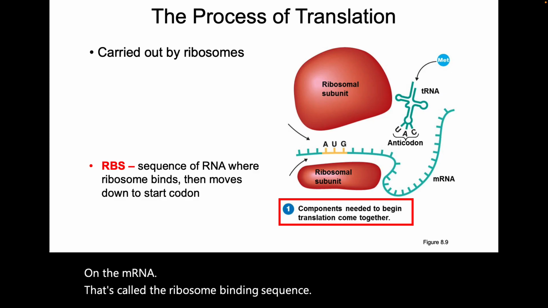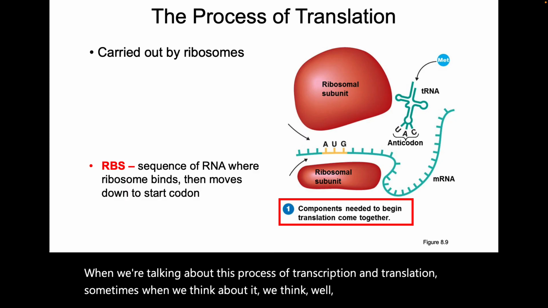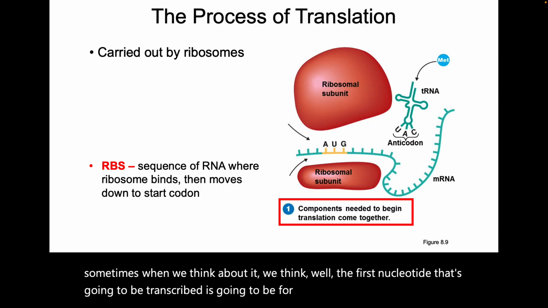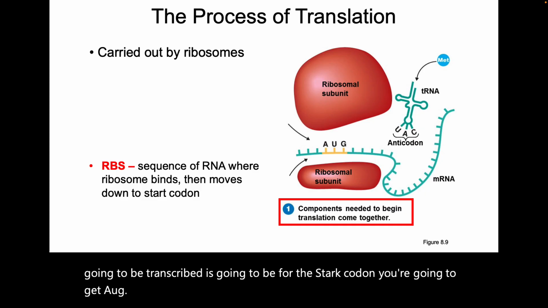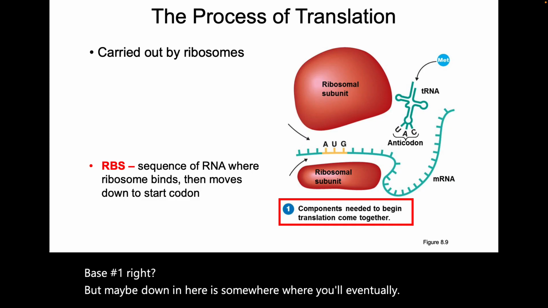So when we're talking about this process of transcription and translation, sometimes we think, well, the first nucleotide that's going to be transcribed is going to be for the start codon. You're going to get AUG. That's not how transcription works. So you'll have base number 1, right? But maybe down in here is somewhere where you'll eventually transcribe it into AUG.